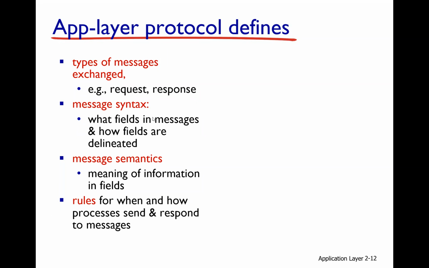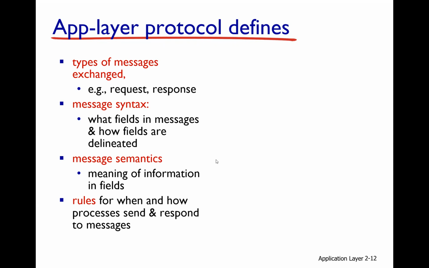The second type of information provided here is the syntax of the various message types. This is where the fields are, what the possible values are, a set of parameters, if you will. And the syntax needs to be consistent so that each of the applications can run on them at the same time. Together with the message syntax, there's also semantics.